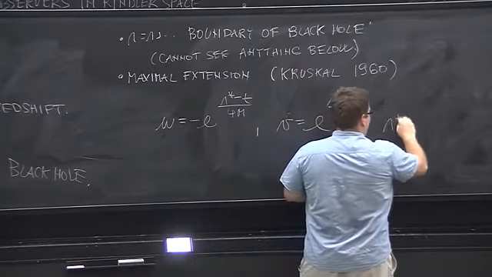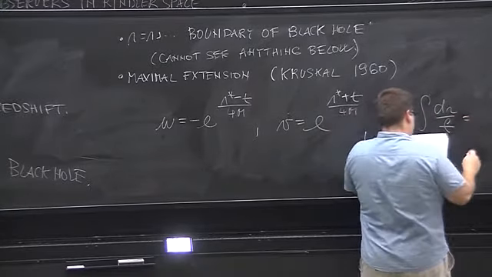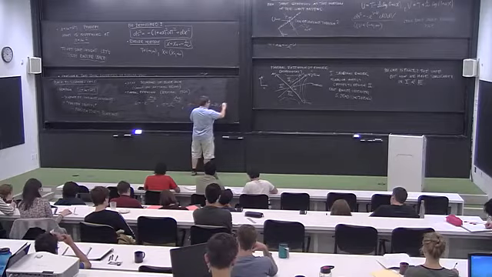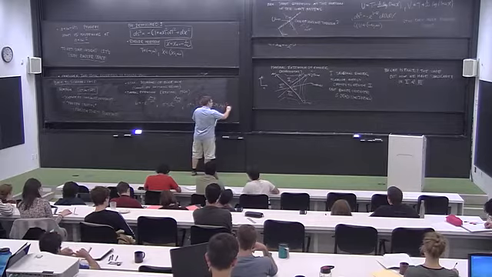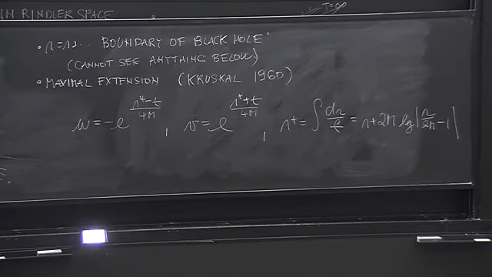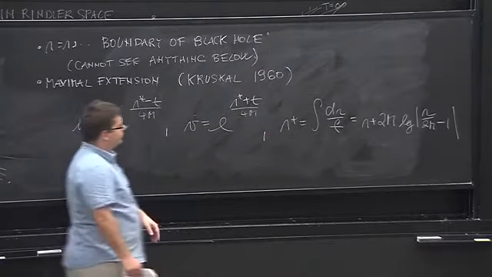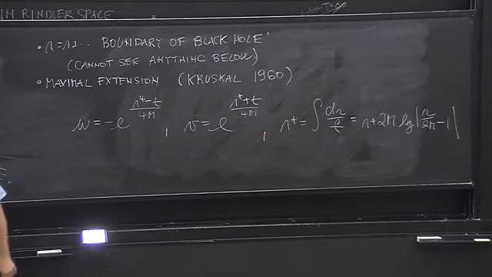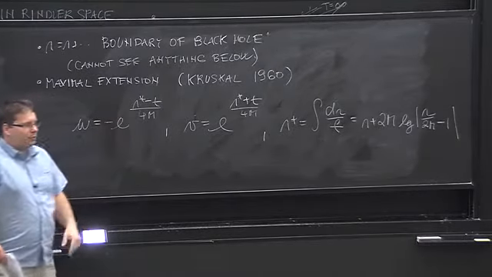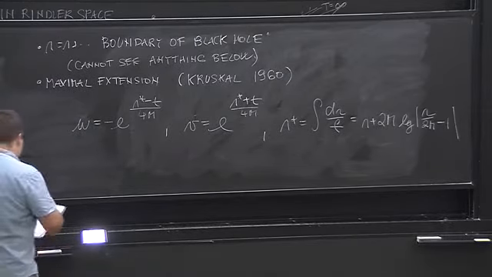And then r star is the integral of dr over f, which is r plus 2m logarithm of the absolute value of r over 2m minus 1. Okay, so this is the thing. Again, you first have to find the null geodesics in Schwarzschild, and that's where this r star comes from. And then you just use the affine parameter, and the affine parameter gives you this exponential. And so this is your capital U and capital V. Okay, so it's trivial. So now we can extend through r plus.